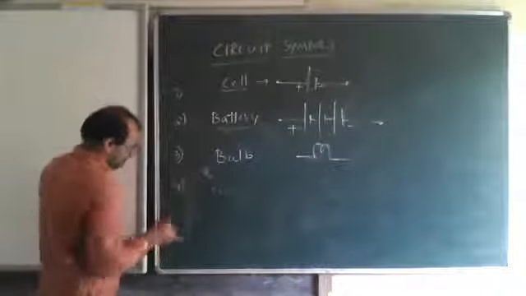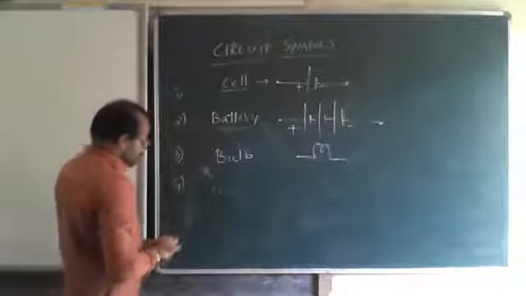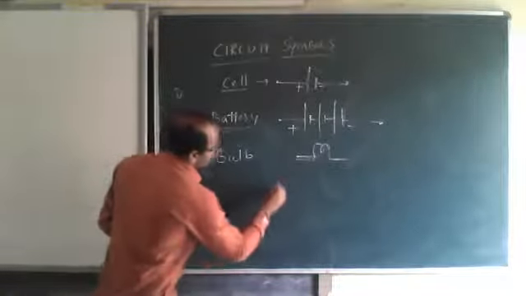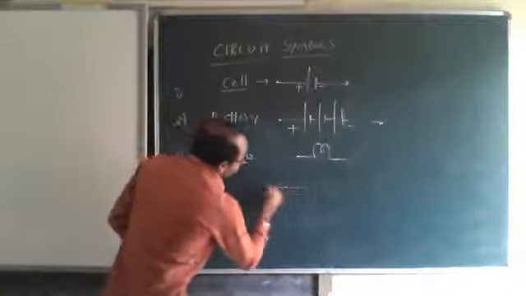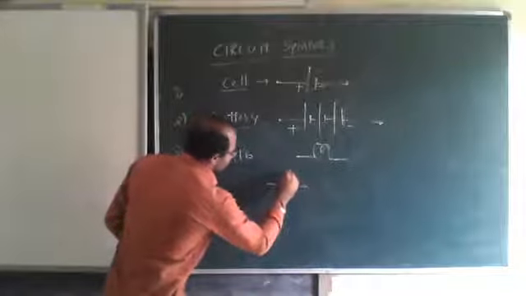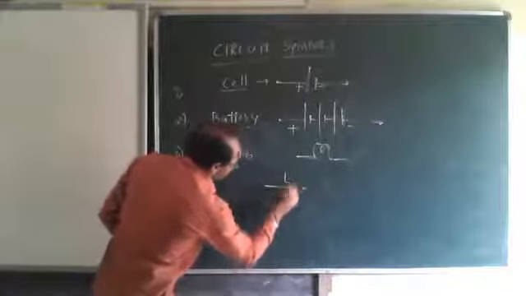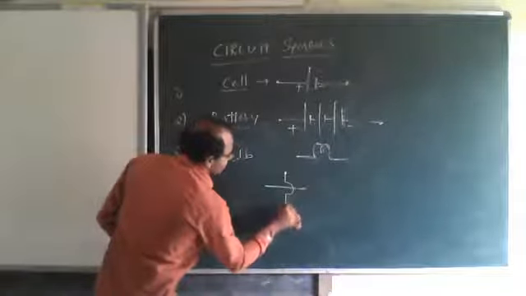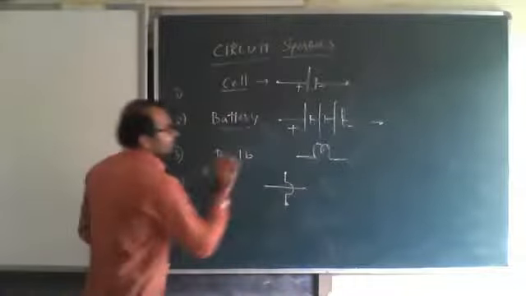Fourth one. What is the fourth one? See, you will see a representation like this. These both are wires.